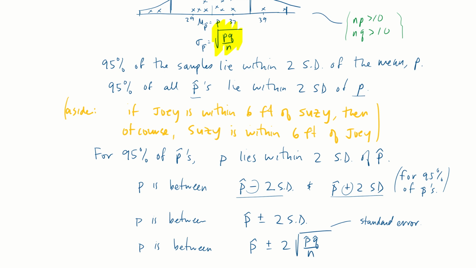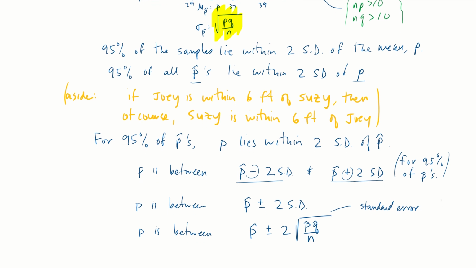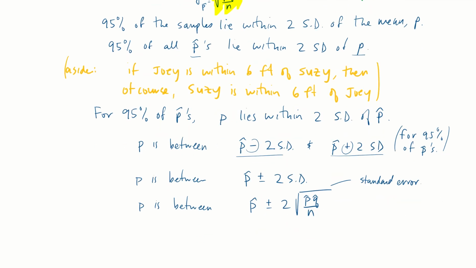Not quite the standard deviation, but it's pretty close. It's our best estimate for it. So P is in this interval for 95% of P hats.